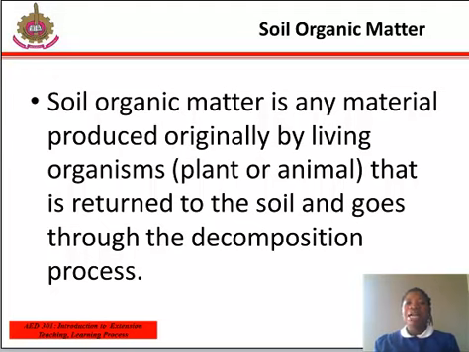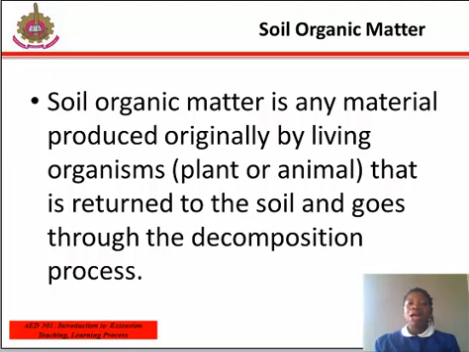Soil organic matter is the fraction of the soil that consists of plant or animal tissue in various stages of breakdown, that is, decomposition. Most of our productive agricultural soils have between 3 and 6% organic matter.